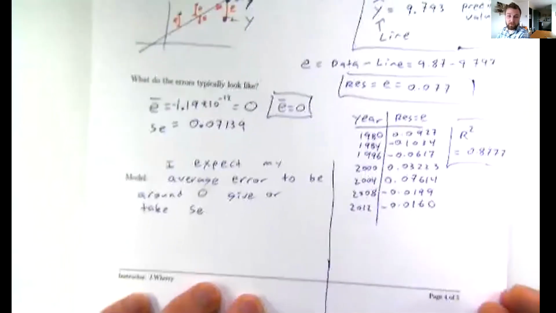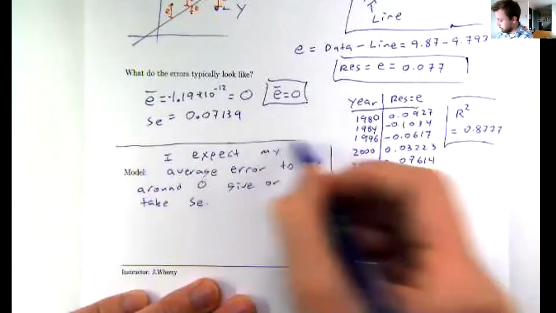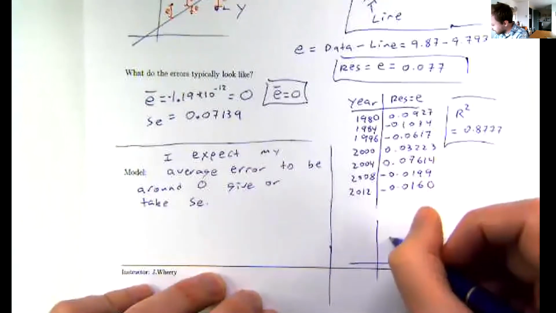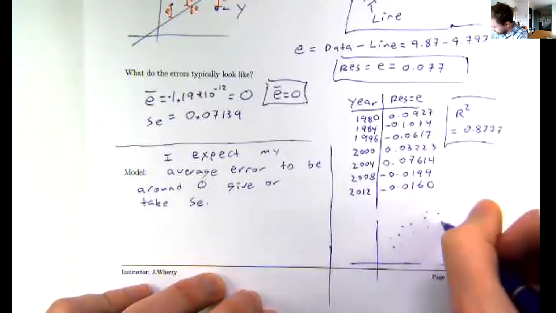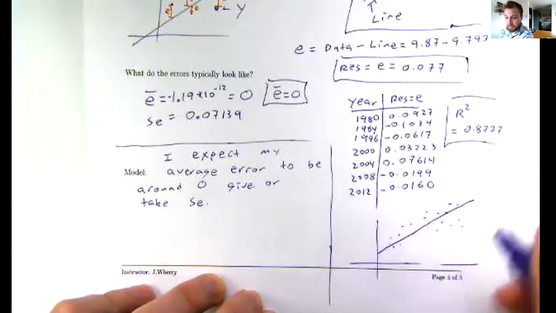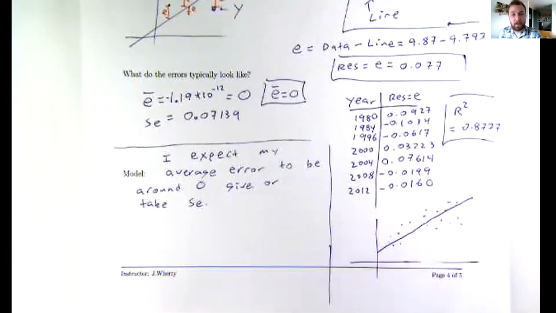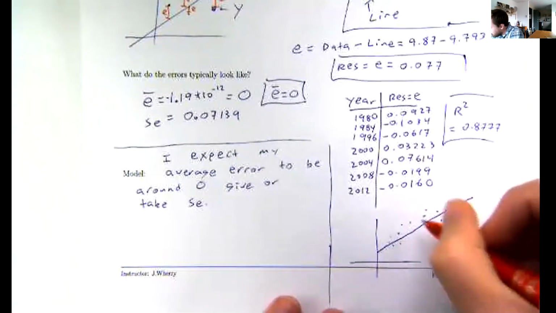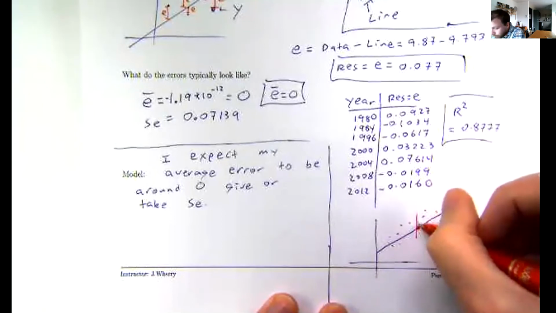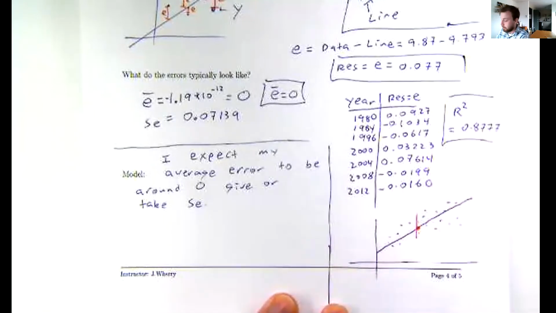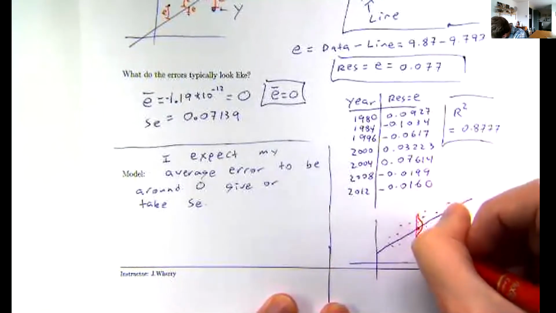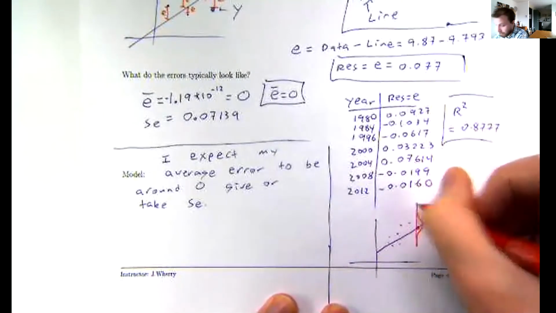So here's a picture of what's going on. I have a scatter plot, and I have my line going through this scatter plot. When I'm talking about the distribution for the errors, I'm saying close to the line. I'm expecting my values to be reasonably close to that line. So the most likely spots are going to be towards the center of the line, and it's going to get less likely going up or down.